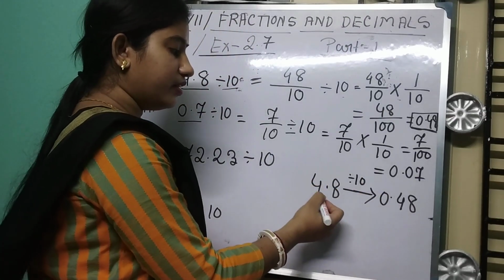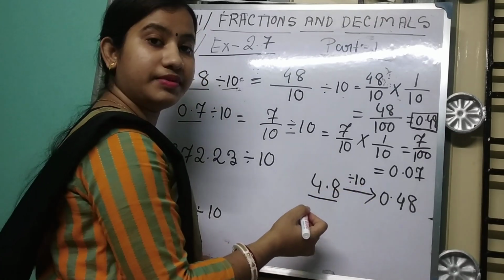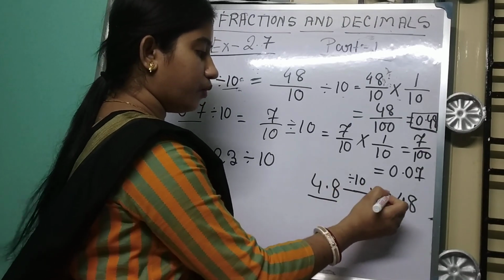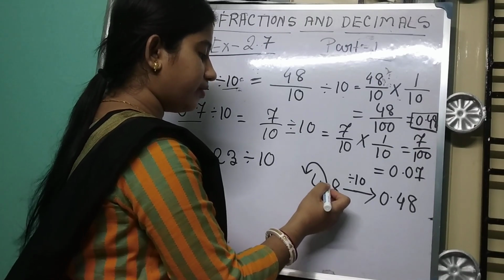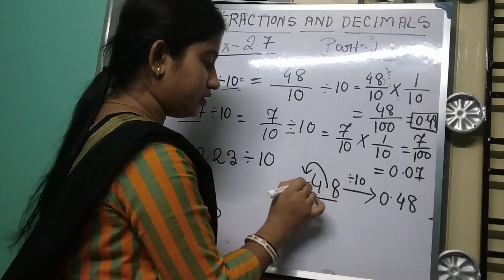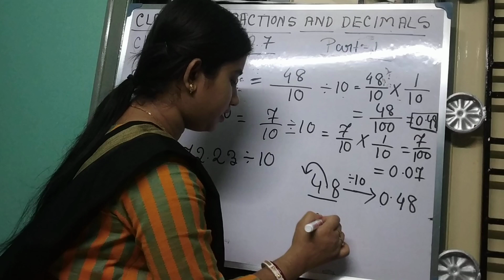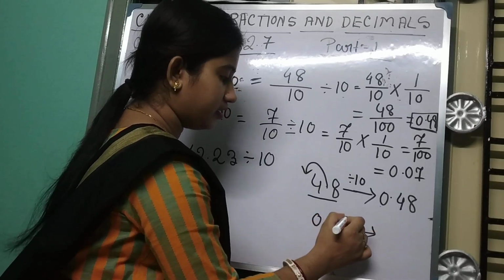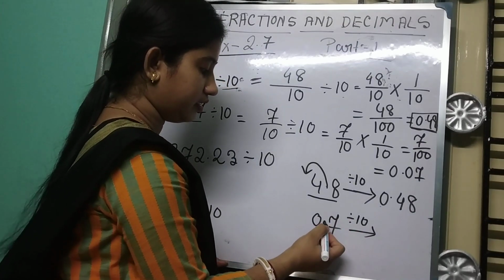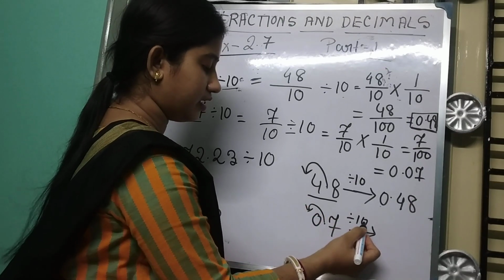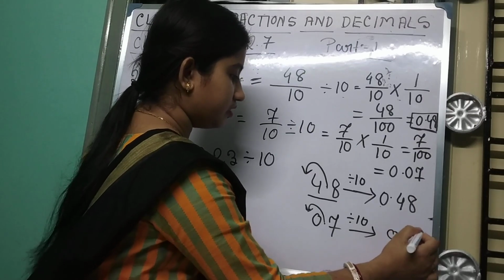So if we divide any number by 10, then we shift the decimal point by 1 place to the left side. So if we divide 4.8 by 10, then we get 0.48. And similarly, if we divide 0.7 by 10, then we shift the point this way. Here it is 10, so we shift by 1 place to the left side, that is 0.07.